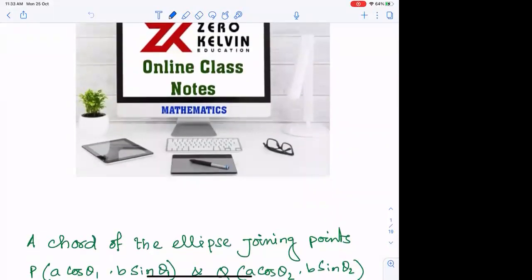We are considering still the ellipse in the standard form, x squared by a square plus y squared by b square is equal to 1, and to consider it horizontal, we are still assuming a is more than b.